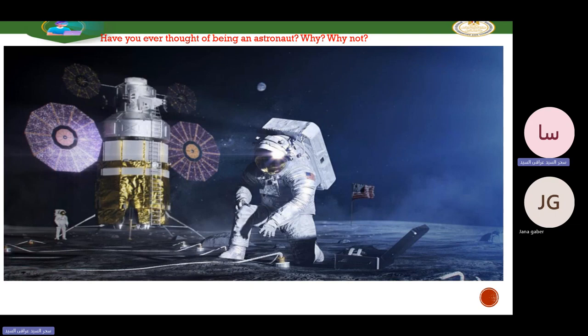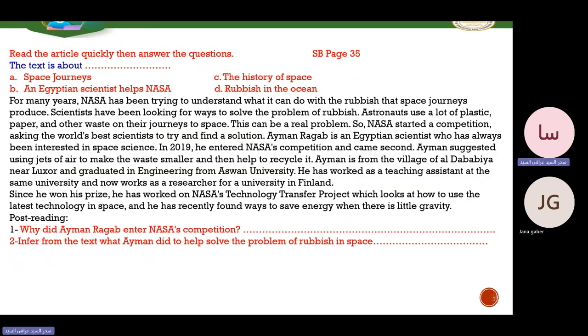Okay, now we are going to have a text about space. First, read the article quickly, then answer the question. We will do a quick silent reading or a quick reading together. For many years, NASA has been trying to understand what it can do with the rubbish that space journeys produce.